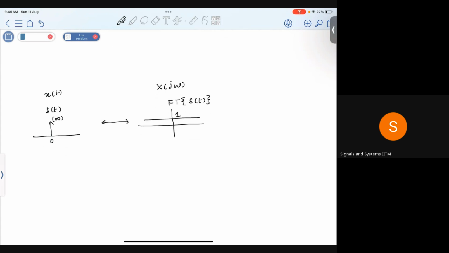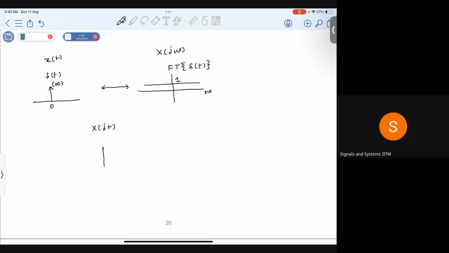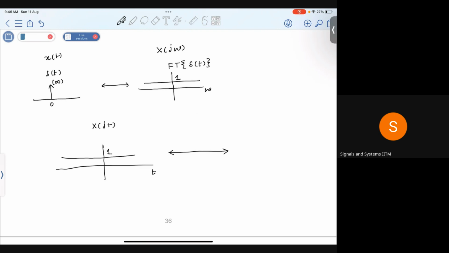Now we are asking the question, what happens to the Fourier transform of x of jt? So this is in the omega axis. When I take the same constant signal in time axis, the question is, what happens to the frequency domain representation of the signal?